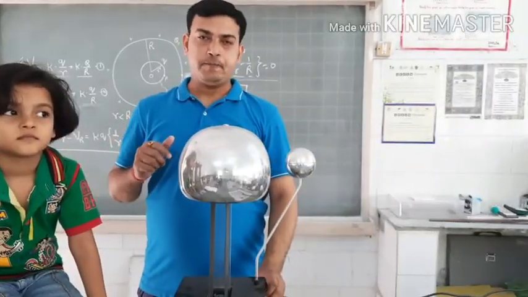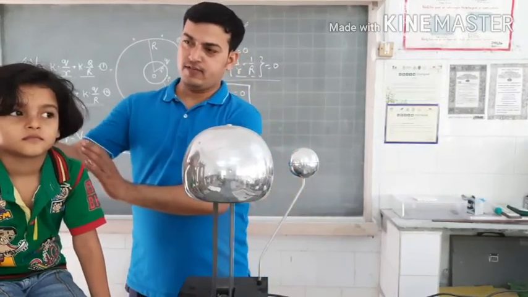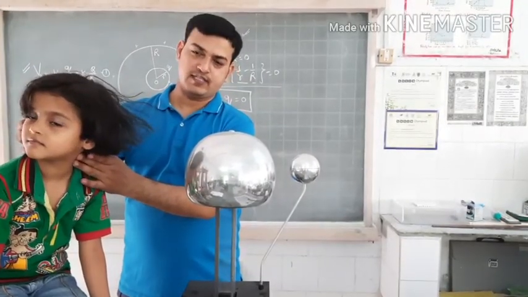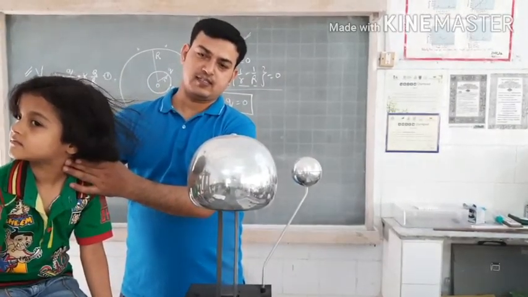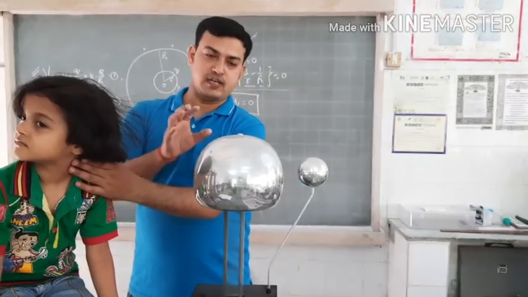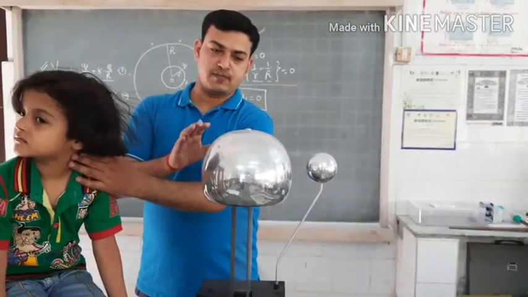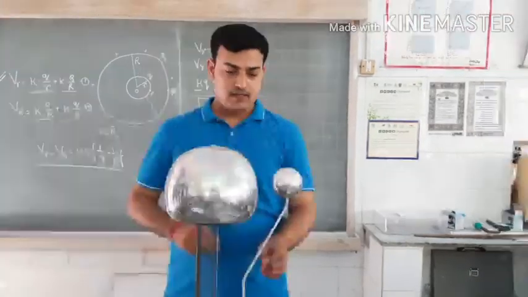Now you can see the field of this sphere is attracting the hair of this child, and this is due to the high potential of this shell, or you can see the electric field that is produced by this sphere.